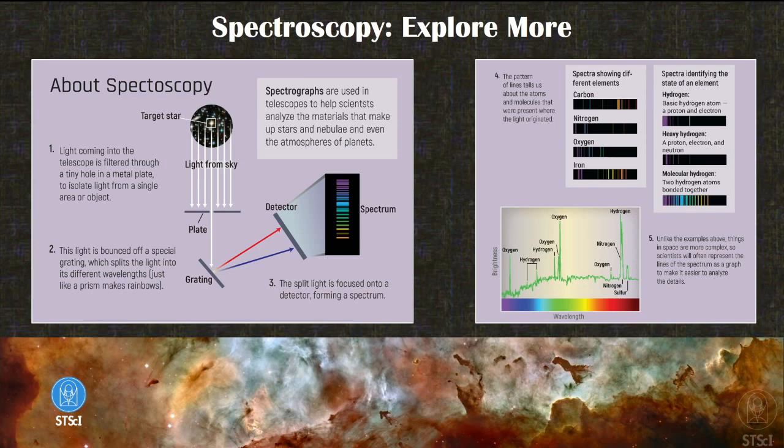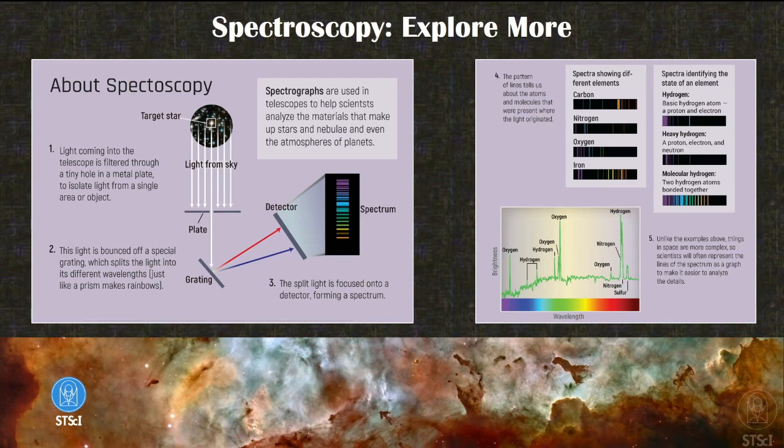So you have a star or a galaxy or something, and you need some way of preventing all the other light from the image from getting in. This grating is essentially a prism. You only want your target to be broken up into a spectrum. That's not always the case. There are other spectrographs on our instruments, called IFUs and other things, where you can get a spectrum of the entire field, if you will.